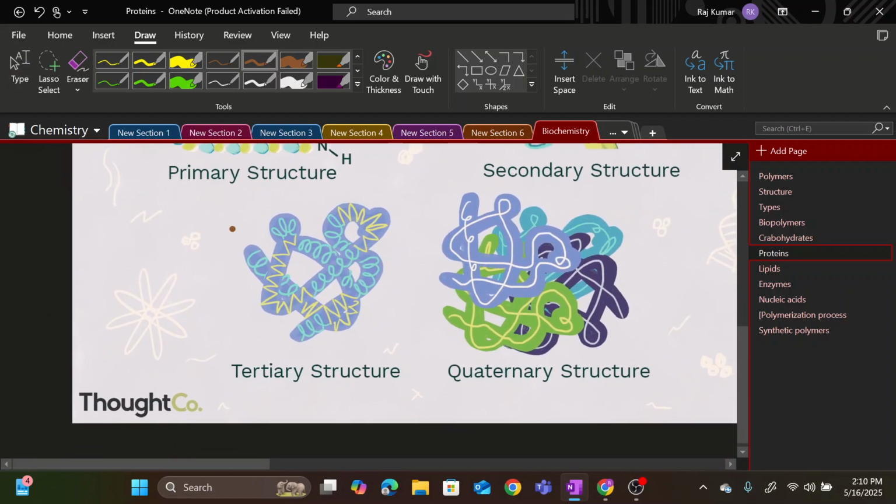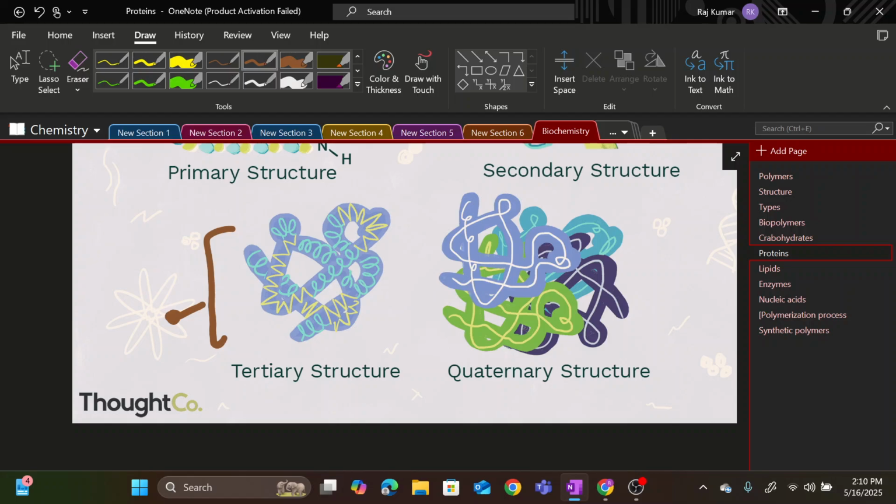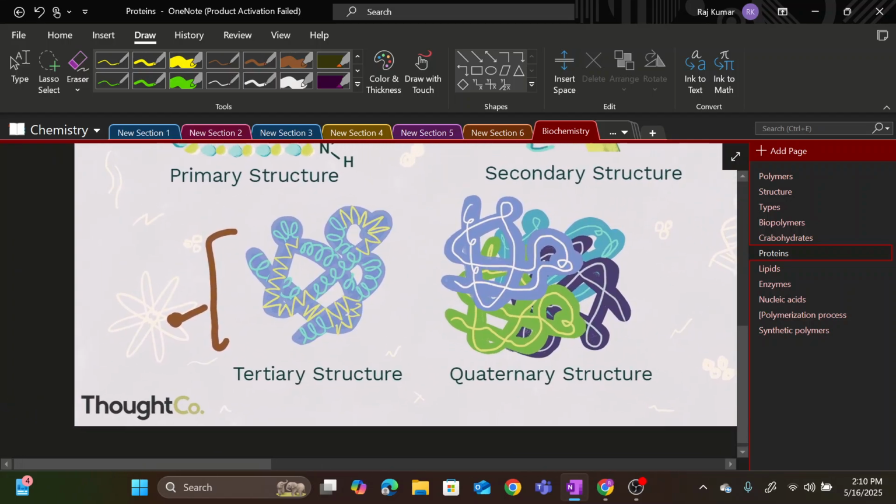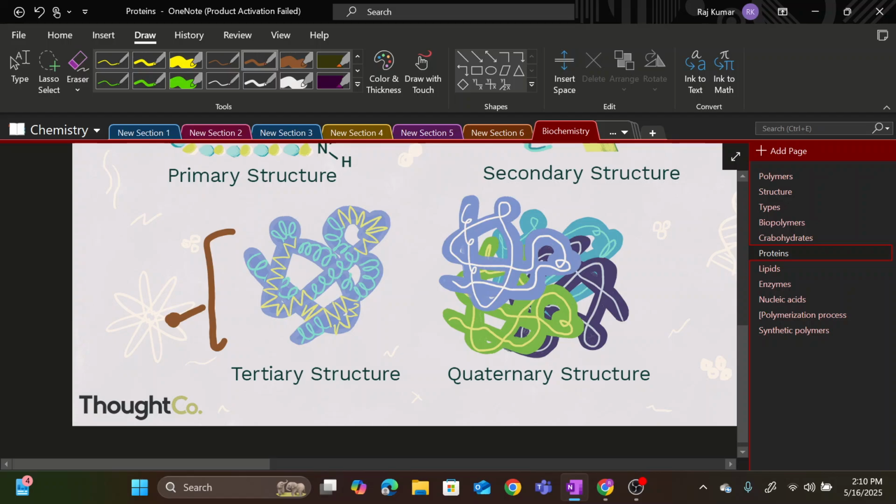And then we have tertiary structure. Tertiary structure is a very coiled structure. It's highly coiled because of the presence of disulfide bridges, ionic bonds, and a few other bonds as well. This structure is also known as a globin.